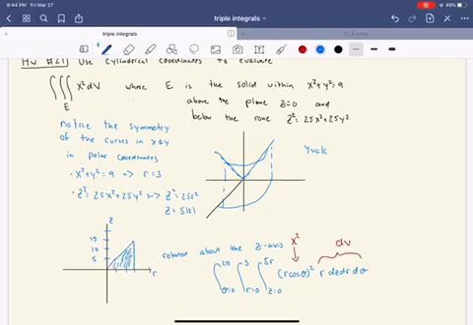Now, in cylindrical coordinates, remember, x equals r cosine theta.